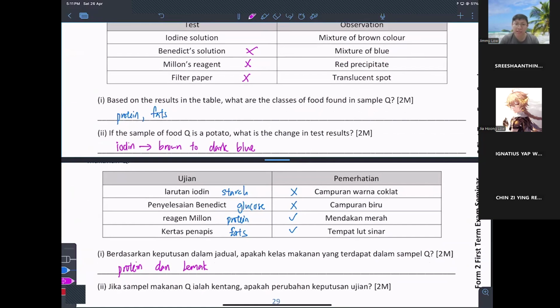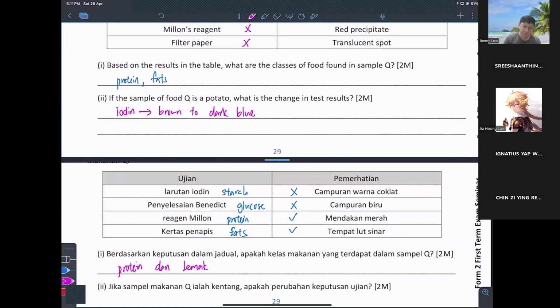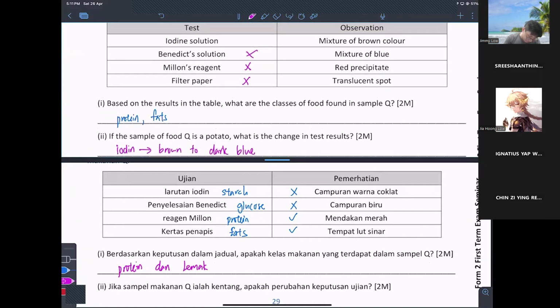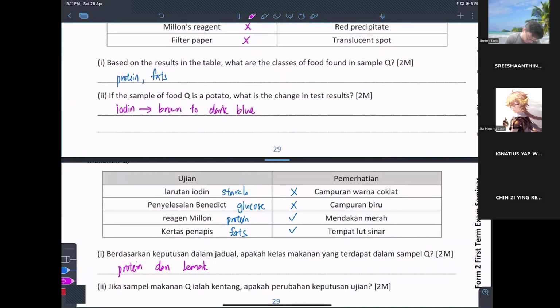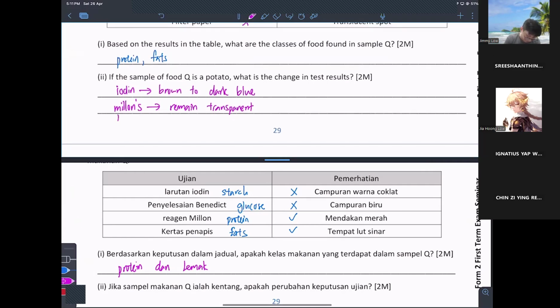So there's no precipitate anymore. So you have to mention Millon's reagent: remain transparent, or in BM you can say menjadi tiada warna also can. So filter paper, no change.